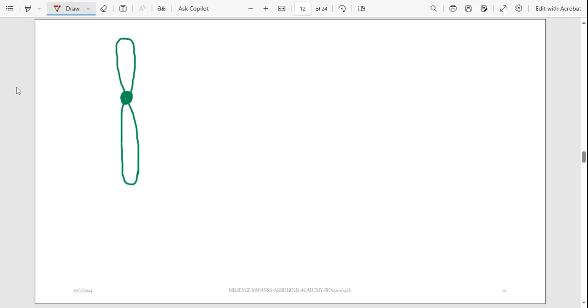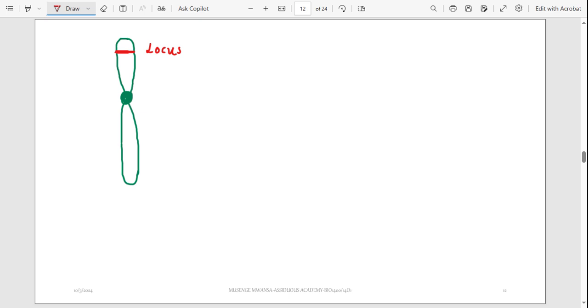So when you look at this chromosome, you are going to find a specific location that contains a gene. Let's say, for example, this location is telling you that you need to have blue eyes. This is a locus, or loci if you're talking about many.